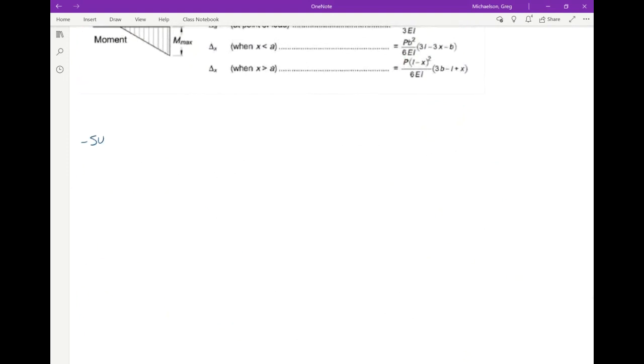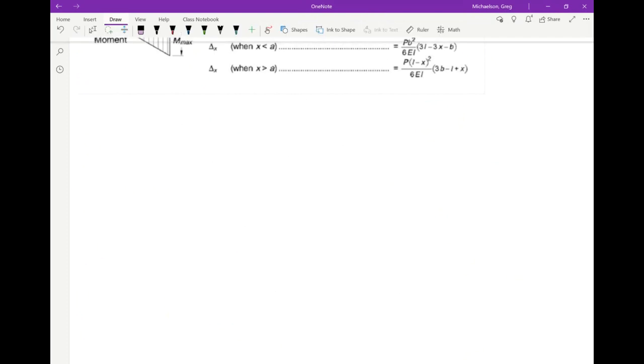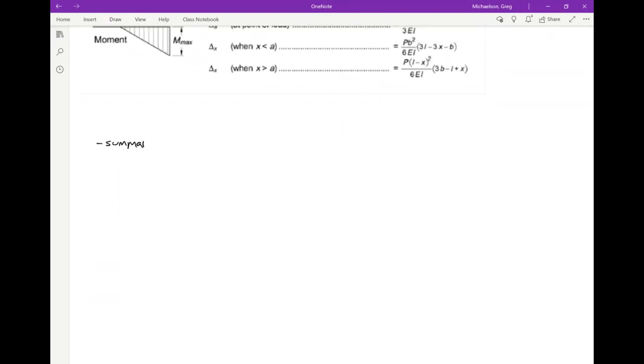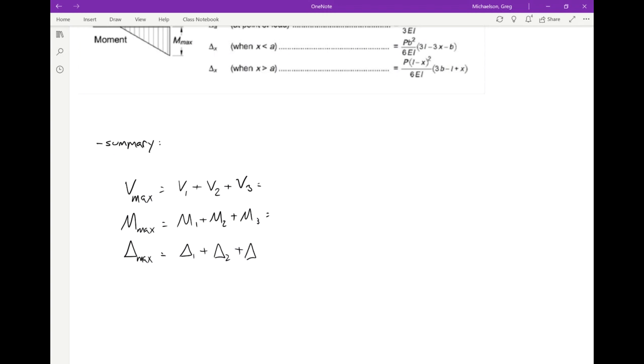So to summarize, your V max is just going to be V1 plus V2 plus V3, since they all occur at the same spot. M max, M1 plus M2 plus M3, and then delta max. Just add them up. I'll just do that over here off the side.